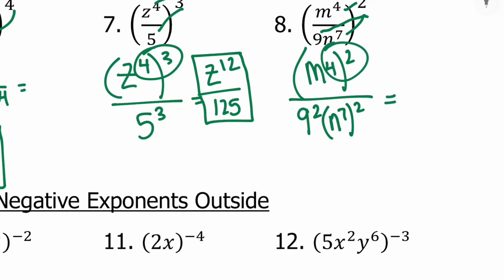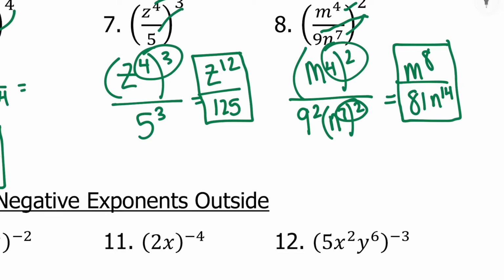So 4 times 2 is 8, so m to the 8. Over 9 squared is 81, and then 7 times 2 is 14. So just make sure every little piece of that question got squared. That's why we had to separate the 9 and the n to the 7th. The 9 got squared and the n to the 7th got squared.